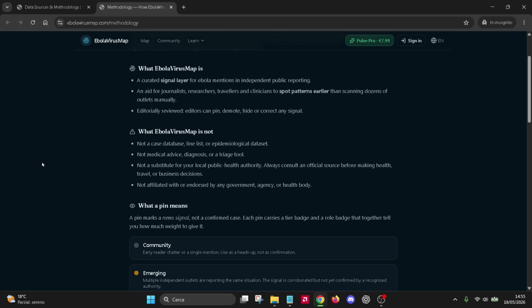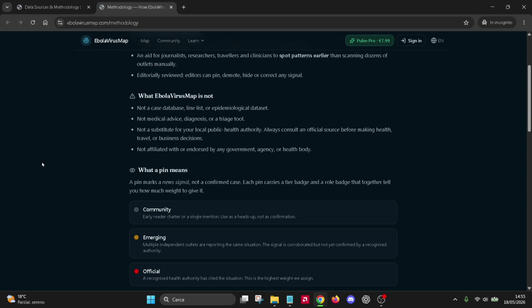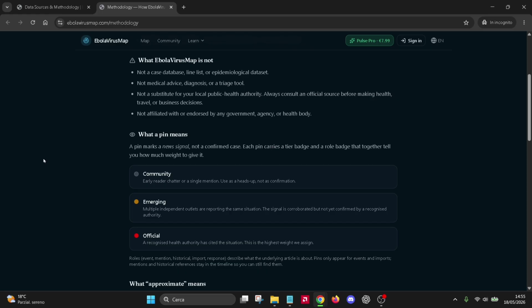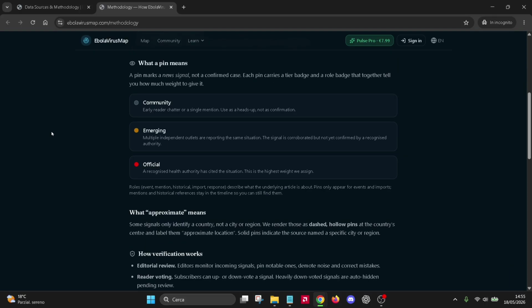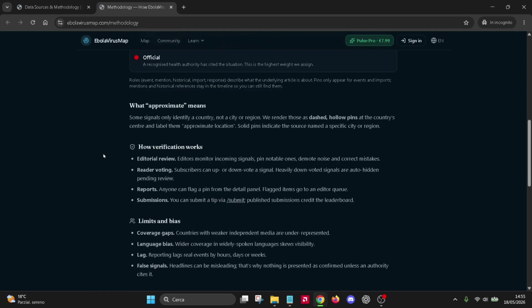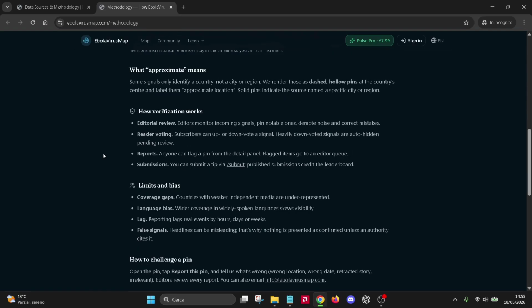It is important to clarify that the markers shown on this map do not necessarily represent confirmed cases. According to the platform's own methodology, each pin corresponds to a geolocated signal. A signal may be an official outbreak notice, a surveillance bulletin, or a credible news report associated with a specific location.